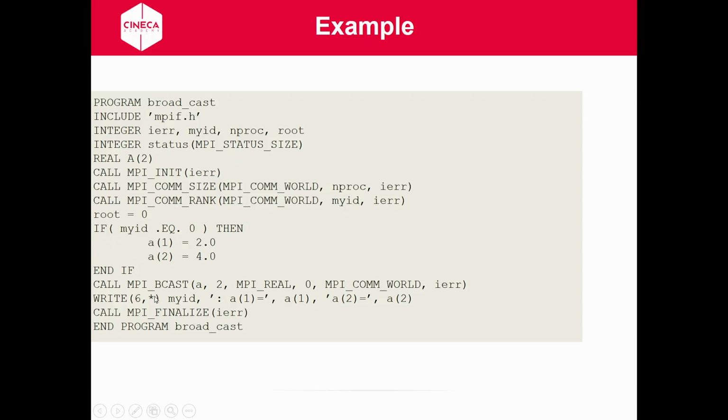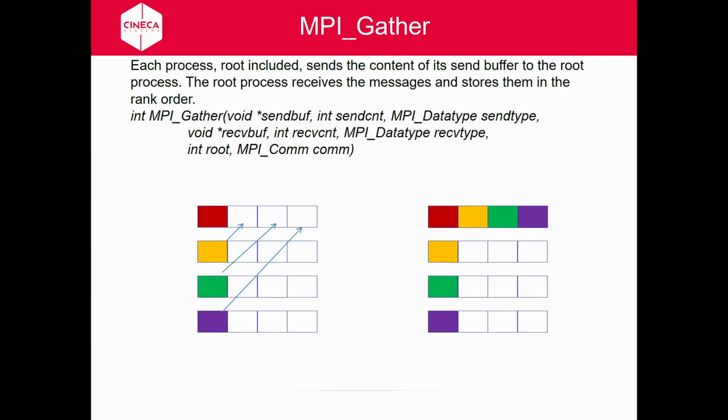Then I can write the variable, and I can see that in all the processors the variable has the same result. Okay. We can also do the inverse operation of broadcast. For example, we can use the gather function, MPI_gather.